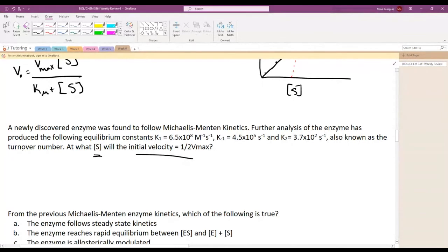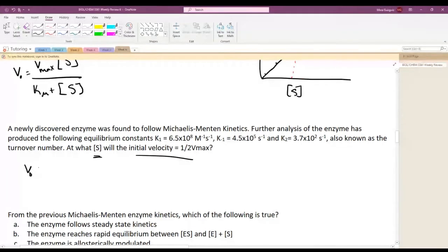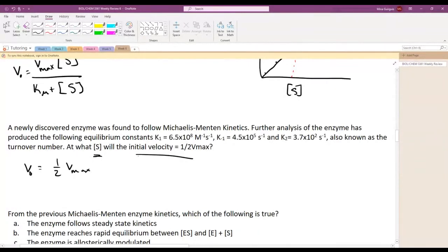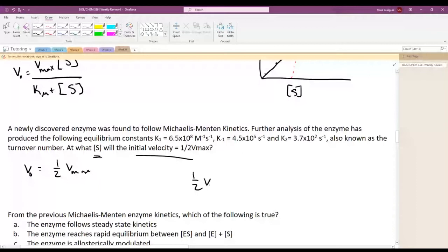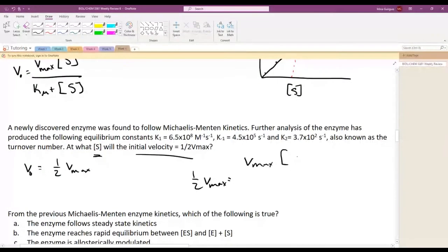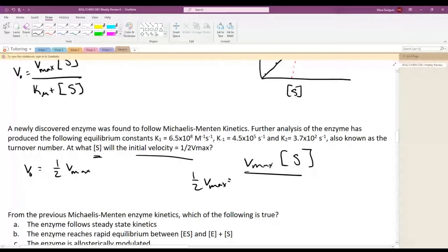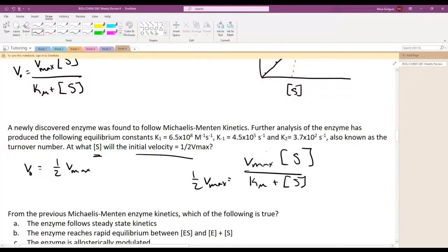What I'm going to do is say V0 equals 1/2 Vmax. I'm going to substitute that into our Michaelis-Menten equation. So 1/2 Vmax, or V0, equals Vmax times substrate over Km plus substrate. Well, I can divide Vmax from both sides and get rid of it.